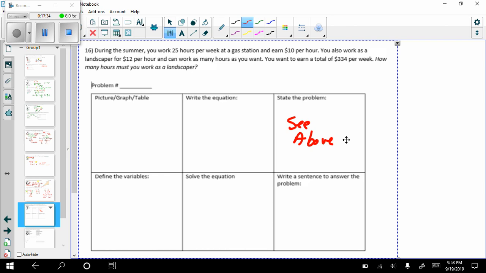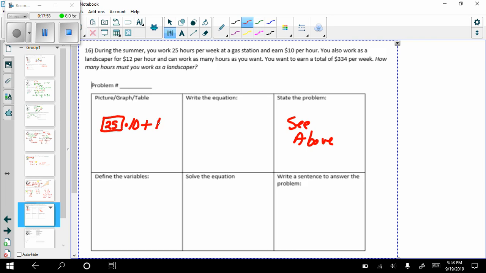During the summer, you work 25 hours per week at a gas station. So I'm going to draw a little box here. This is 25 hours per week, and you earn $10 an hour. You also, "also" is a keyword, work as a landscaper for $12 an hour.